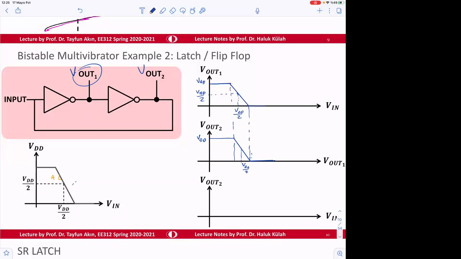But the circuit is connected, so Vout2 is equal to input. How can we draw the Vin, Vout2 graph?